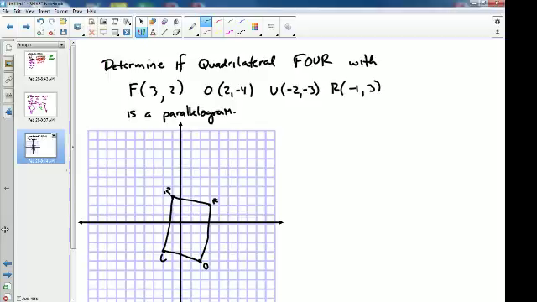So this can help you say possibly yes. Does it kind of look like a parallelogram? It could be a parallelogram. So now we can do the math. If you look at this picture and it has no chance of being a parallelogram, you can say no, it's not a parallelogram.